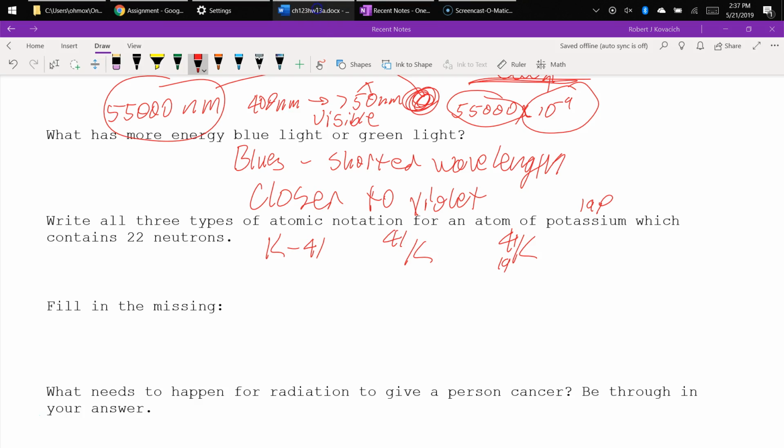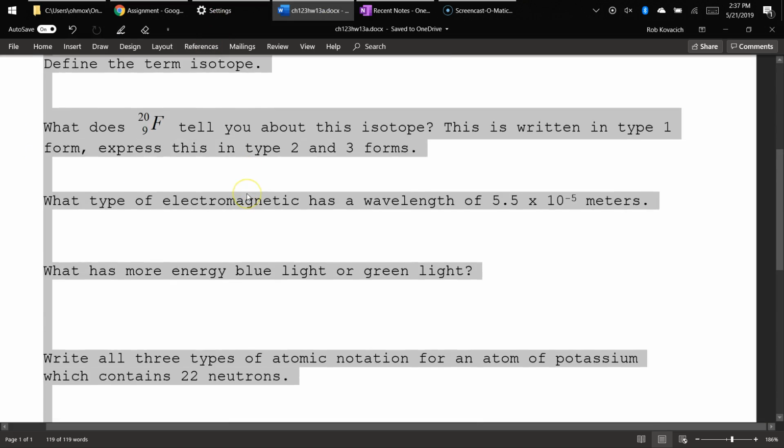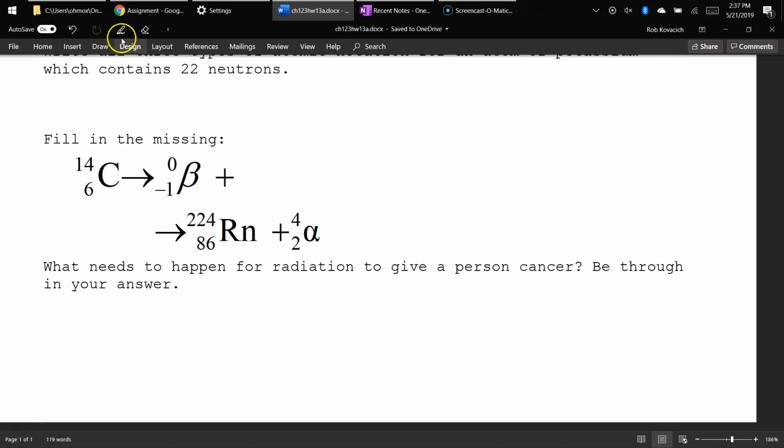Fill in the missing. What was the missing? Let's just do it here since we can do it right here. So what about this top one? This up here has to be 14, right? Because the mass numbers have to be the same on each side of the arrow.